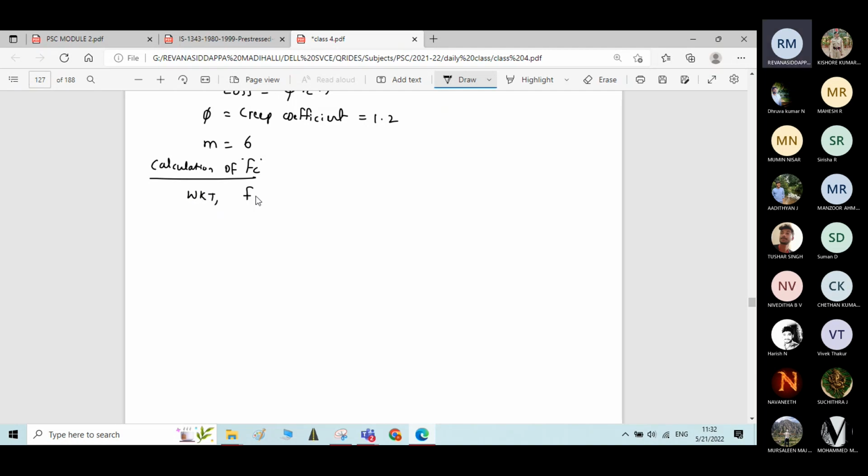What is the formula? Fc is equal to P by A plus Pe by I into e minus M by I into e. Now, the initial pre-stressing force. Now you have to calculate it: stress into area of cable. Initial pre-stress is how much?